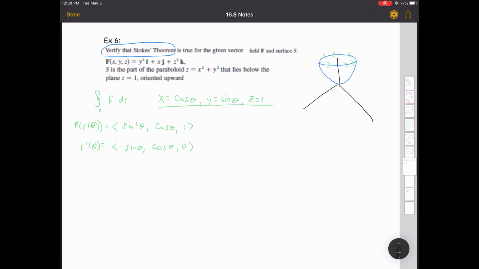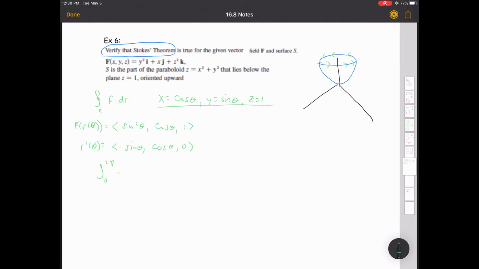Okay, we need to dot those two things to take the integral. The integral itself is going to go from 0 to 2 pi, since it's just a circular region. Let's see, dotting these things, we're going to get negative sine times sine squared. I'm actually going to leave it like that. I'm not going to write it as sine cubed because I know that I'm going to have to separate these things in order to reduce this a little bit.